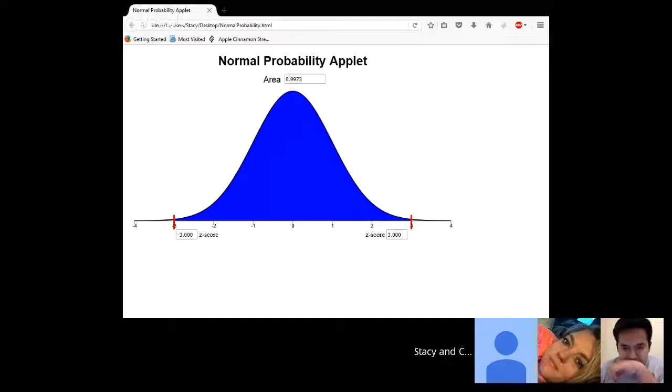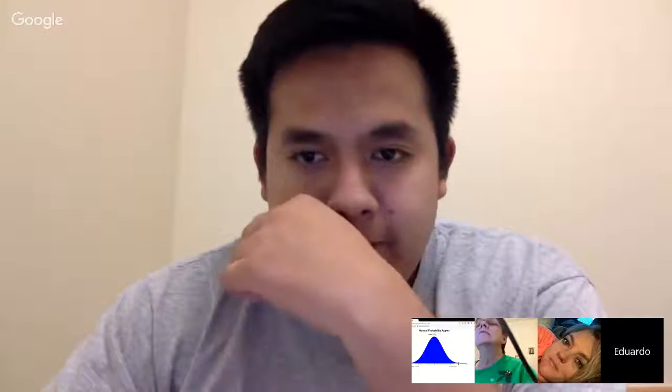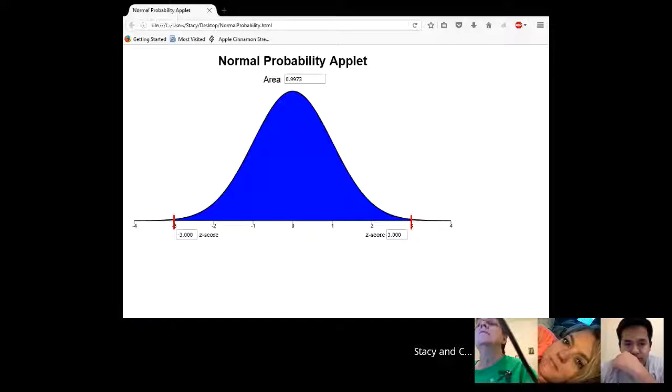Do you want to read that? Me? Or anybody? I don't care. Sure, Eduardo. Why don't you read that? All right. The amount of protein that an individual must consume is different for every person. There are solid theoretical ideas that suggest that the protein requirement will be normally distributed in the population of the United States.